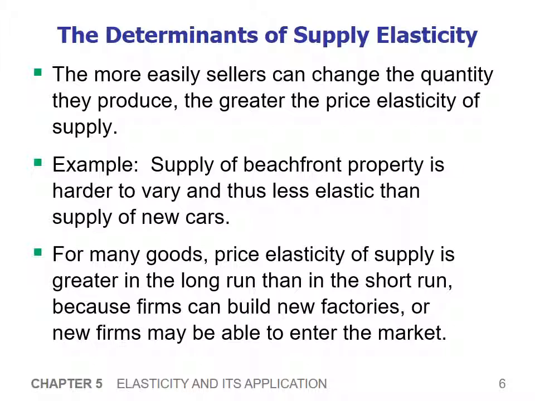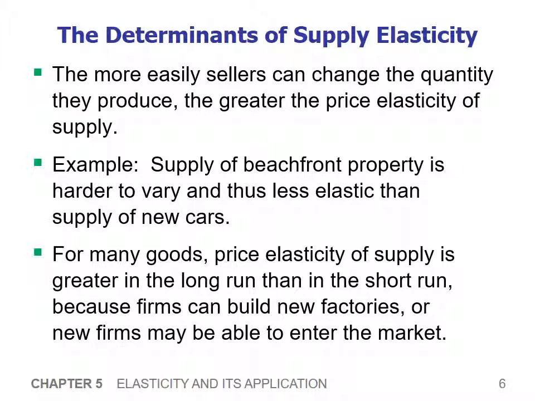Now what factors affect elasticity of supply? Recall that elasticity measures the responsiveness of supply to a change in price. If the sellers can adjust their supply fairly quickly, we'll expect the supply to be fairly elastic. Beachfront property is quite limited in supply.